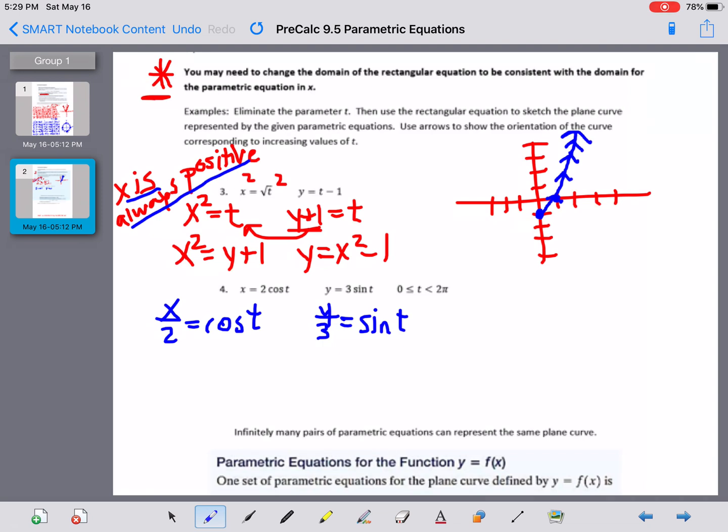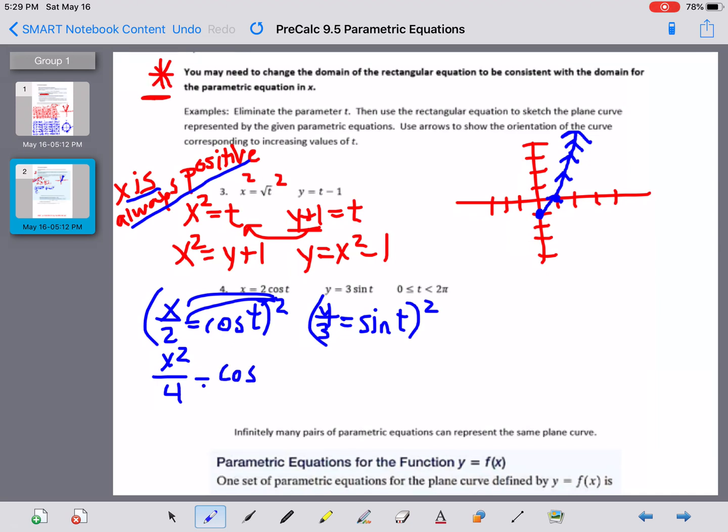I'm going to try to do a system of equations, but right now I simply don't like cosine t and sine t in an equation. However, I do like cosine squared t and sine squared t. So I'm going to take the liberty of squaring both equations. When I square, everything gets squared. So I'm going to get x squared over 4 equals cosine squared t.